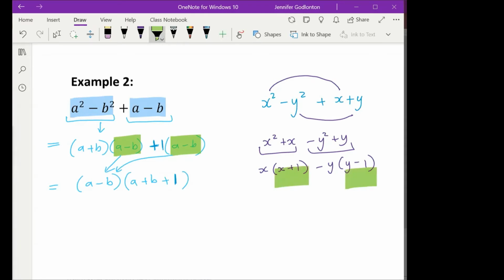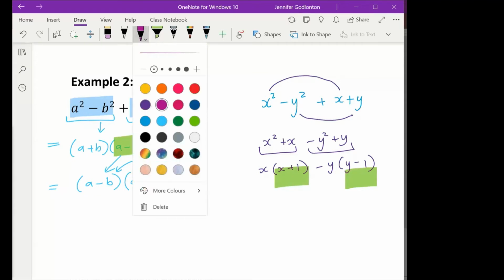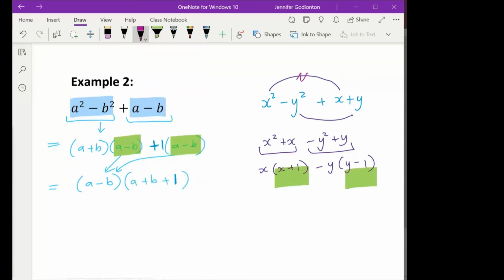And the whole purpose of grouping is to get to that highest common bracket. And so I now know that method doesn't work. That relationship didn't work. We have to break them up, which means I have to try and link these two and those two.